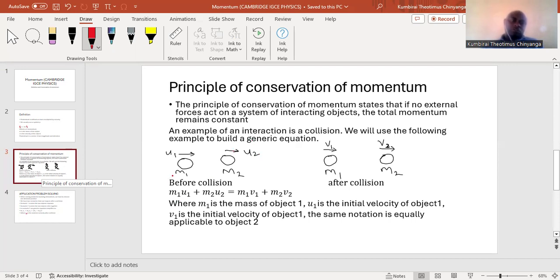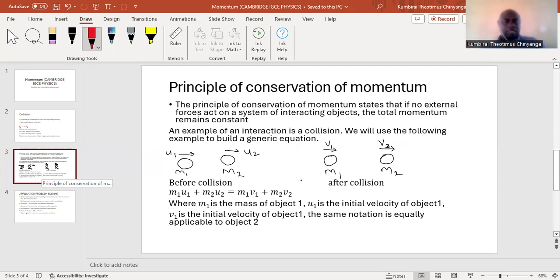I've got here a diagram that shows the collision of two objects before and after collision. The two objects have masses m1 and m2 respectively, their initial velocities being u1 and u2 respectively, and their final velocities being v1 and v2 respectively.